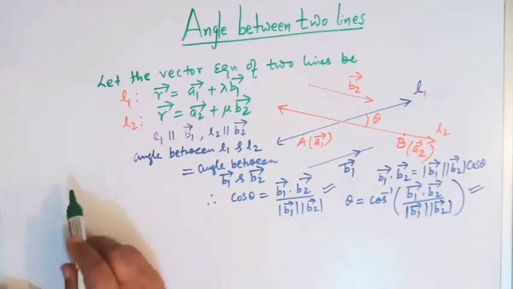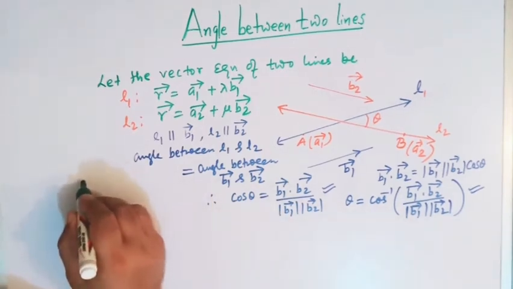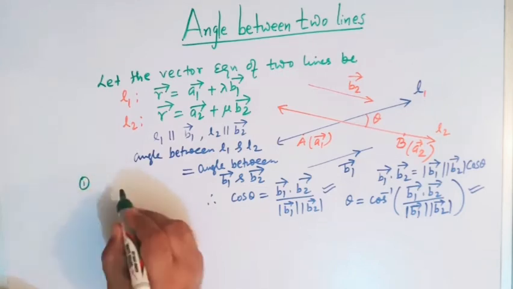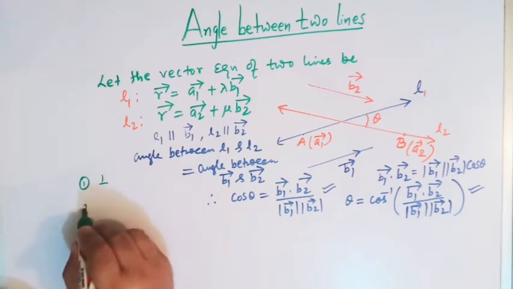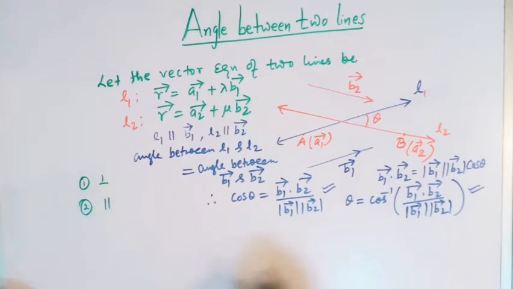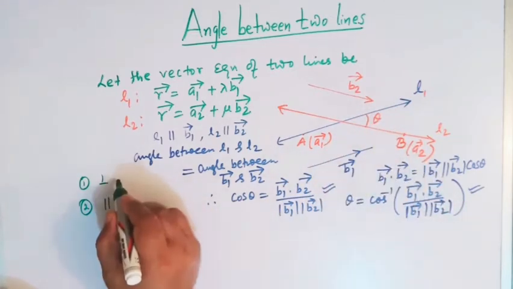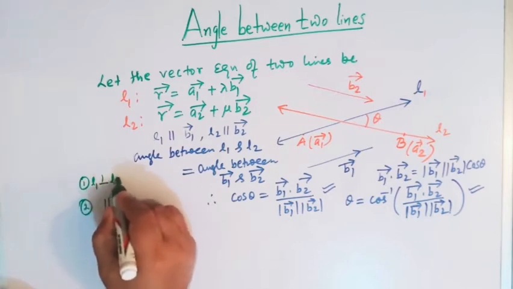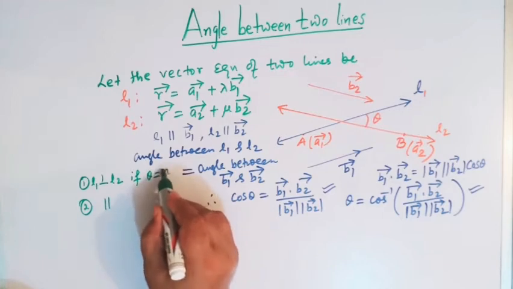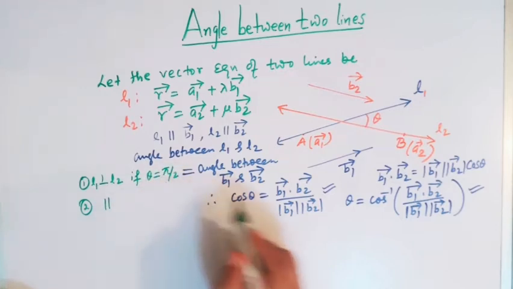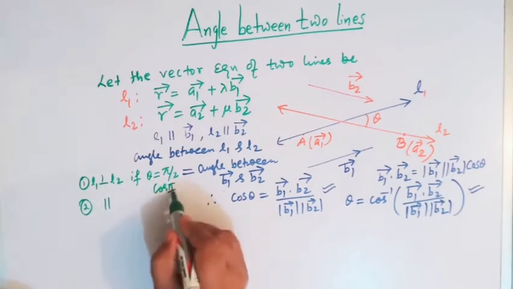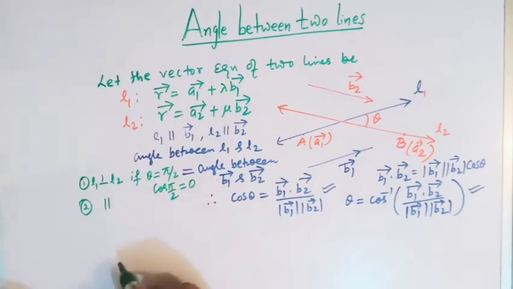Now viewers, let us take two conditions. The first one is the condition of perpendicularity, and the second one is the condition of parallelism, right? So these two lines, L1 is perpendicular to L2 if theta is pi by 2 or 90 degree, then cosine of theta, that is cos pi by 2, should be 0, right?